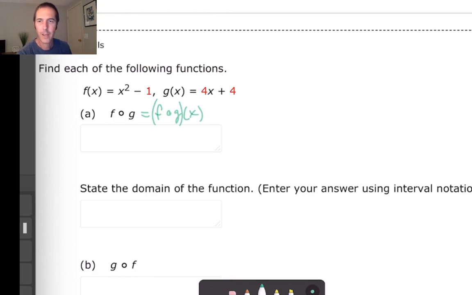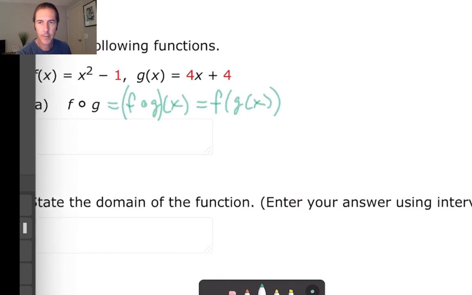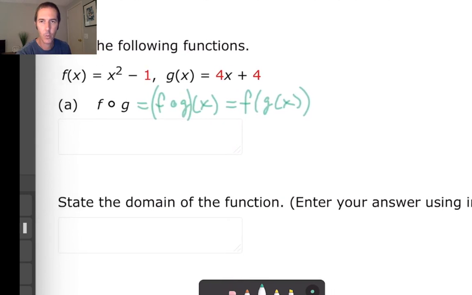This reads more like f of g of x. And the way that I prefer to think of it, and sometimes I even write it out this way, is like this. This makes it very clear to me. You'll notice that the f and the g are occurring in the same order from left to right. This makes it really clear to me that the g function is getting plugged into or substituted into the f function.